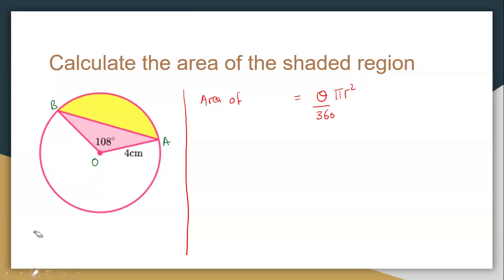What you are calling the segment is what you call the sector. So I'm going to get 108 times 22 over 7 times 4 squared.